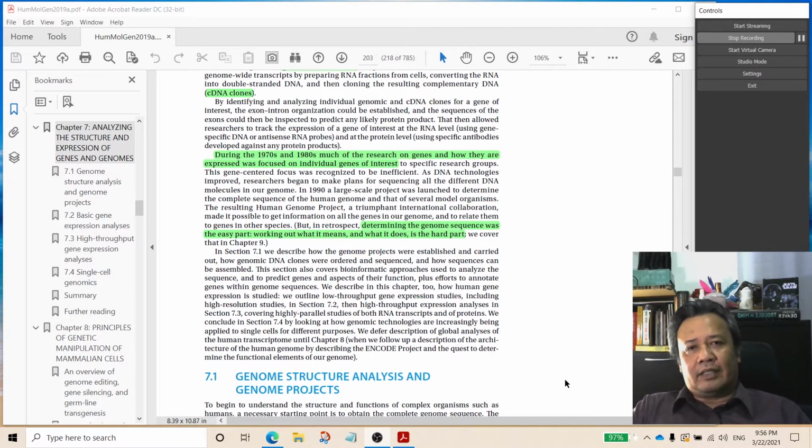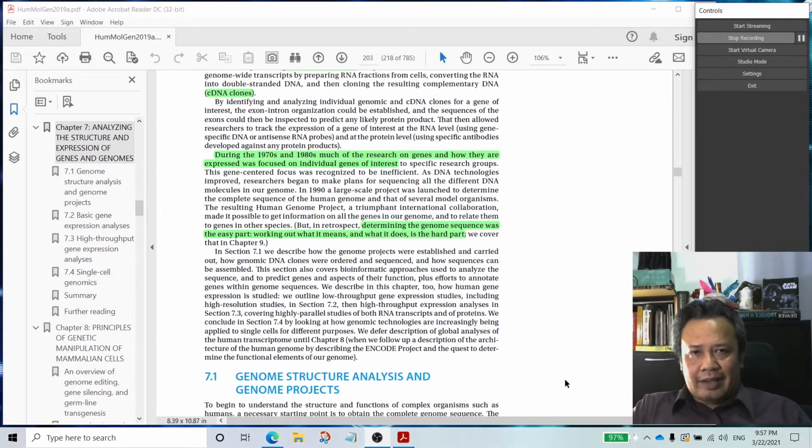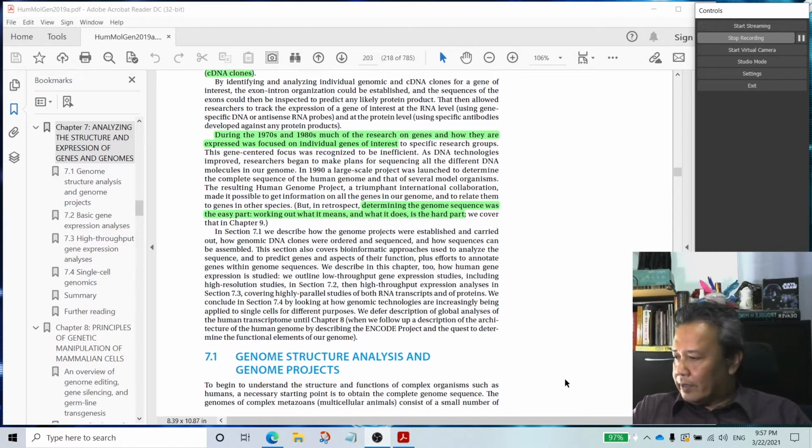But as it turned out, getting the sequence is only the beginning. That was the easy part. Understanding how all these sequences and genes work is the bigger challenge at the moment.